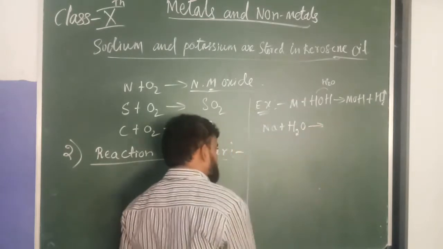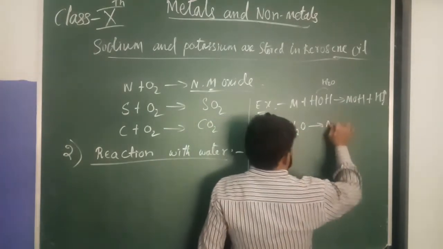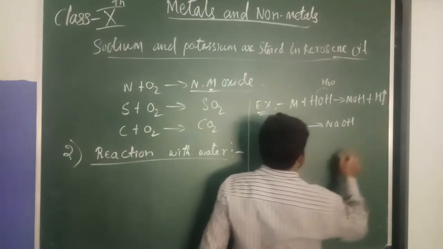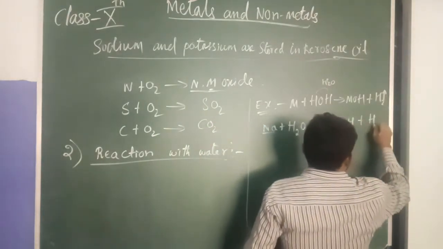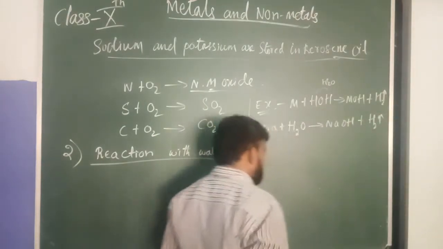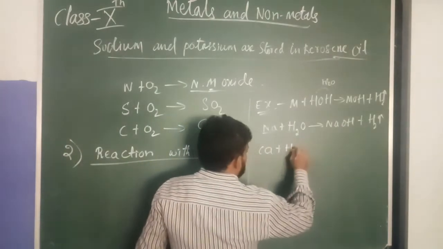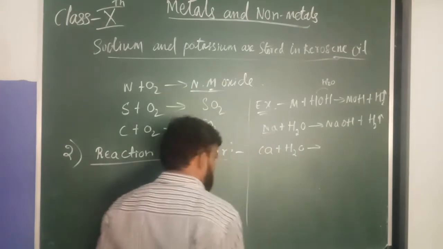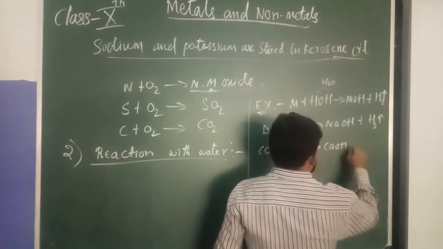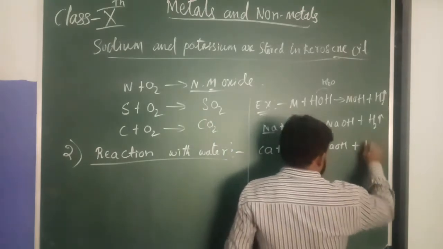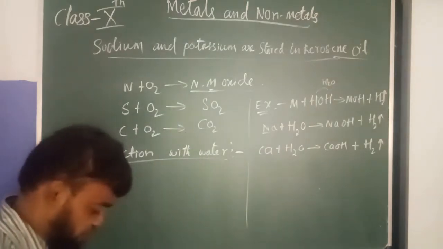What will it form? NaOH, sodium hydroxide, plus hydrogen gas. And similarly, calcium plus water. What will it form? It gives calcium hydroxide, Ca(OH)2, plus hydrogen gas released from there.